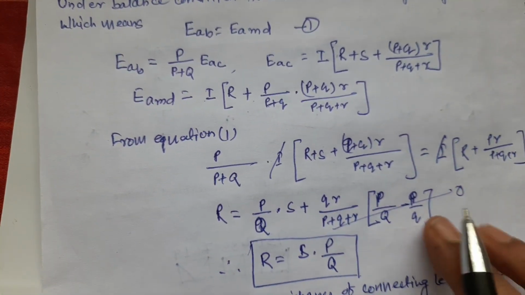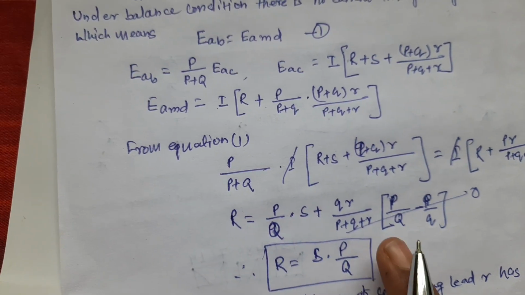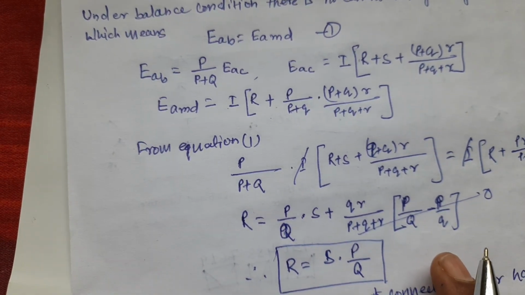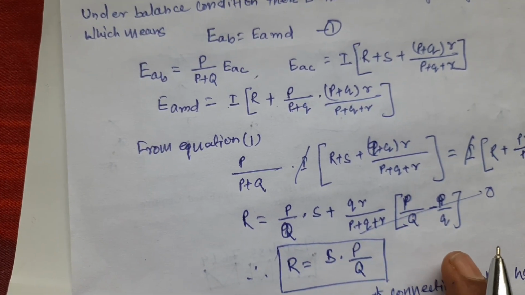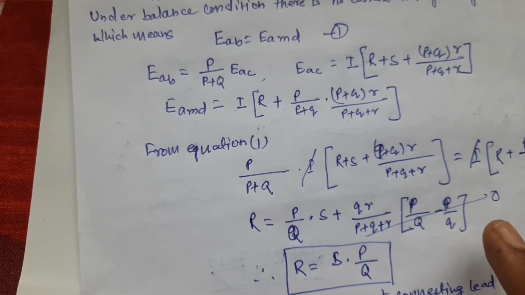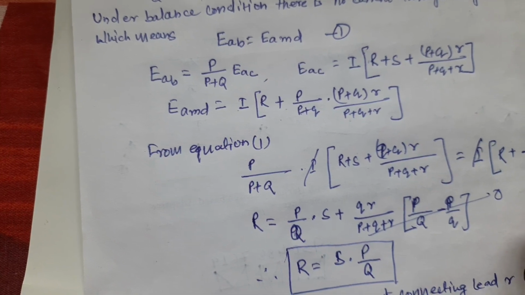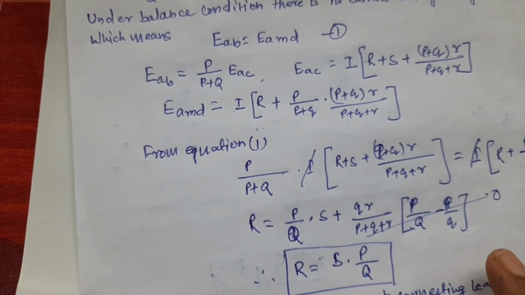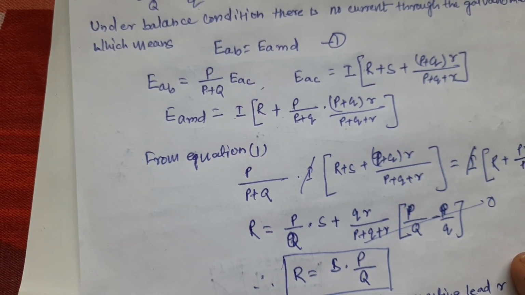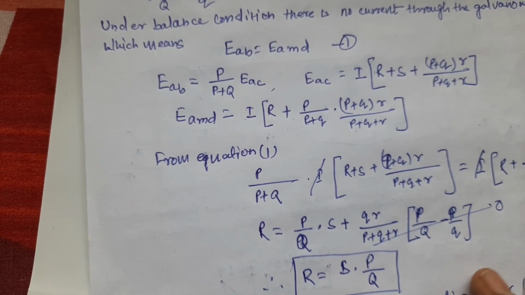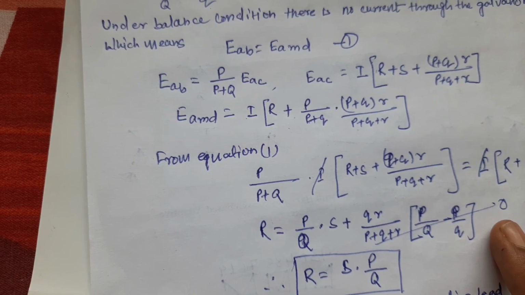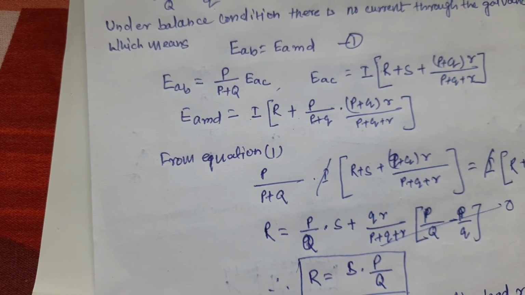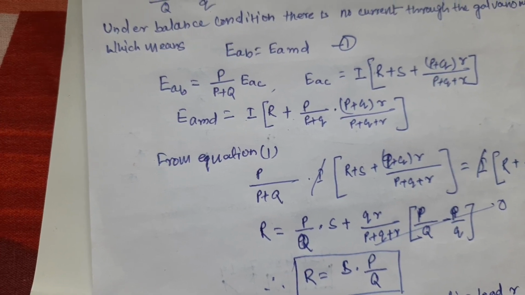So by solving this portion, capital R is equal to S into capital P by Q plus qr by p plus q plus r under bracket capital P by Q minus small p by q. As you know, the main condition for the Kelvin double bridge is that capital P by Q is equal to small p by q, meaning the ratio of the two arms' resistance must be the same.